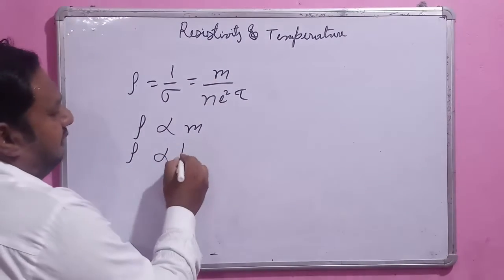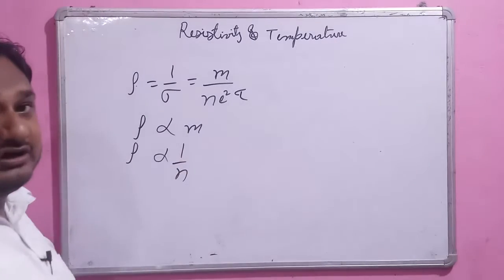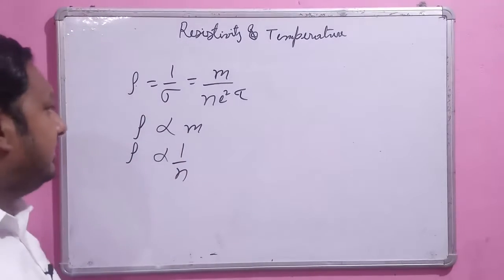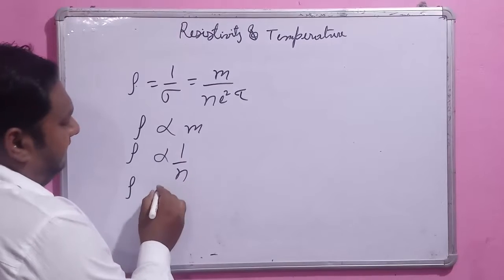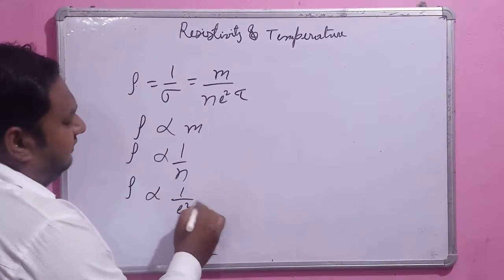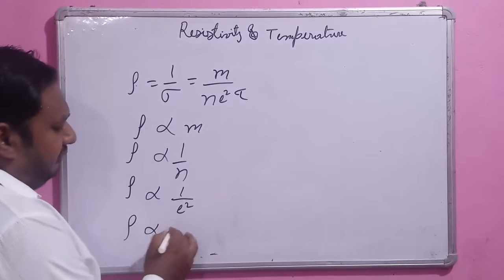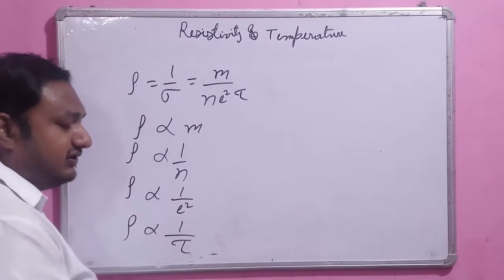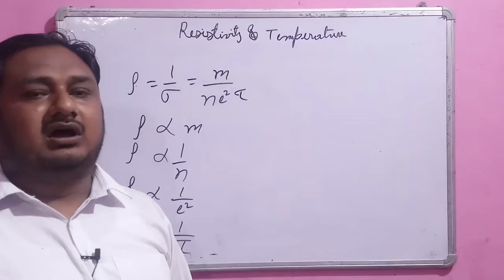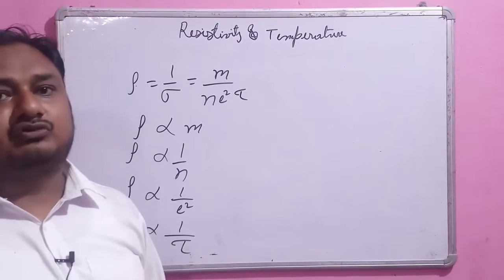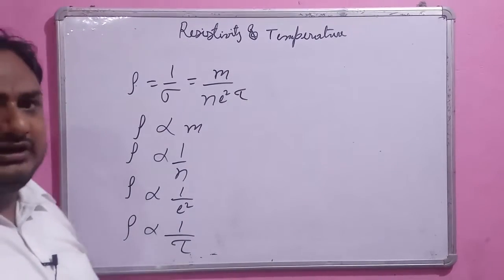Resistivity is inversely proportional to the number density, the number of electrons per unit volume. Resistivity is inversely proportional to e square, that is the charge of electron, and inversely proportional to the average relaxation time. Relaxation time is the average time between two successive collisions of the electron with the ions or atoms.